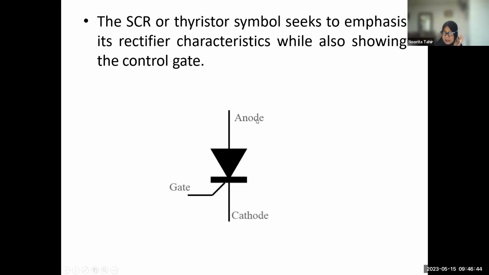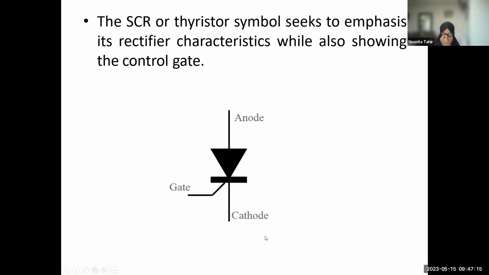This is the schematic symbol, which is anode, cathode, and the gate that controls. As mentioned earlier, the gate is to control the terminal, while the main current flows between the anode and cathode. From this circuit symbol, you can see that it is a one-way device, giving rise to the silicon controlled rectifier.